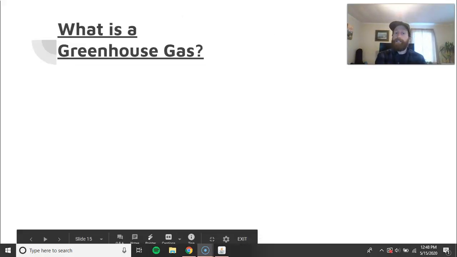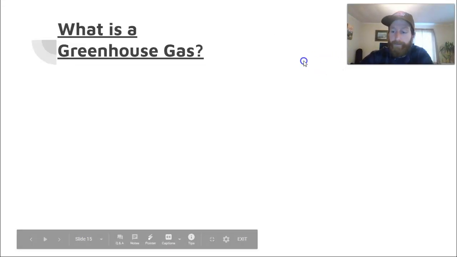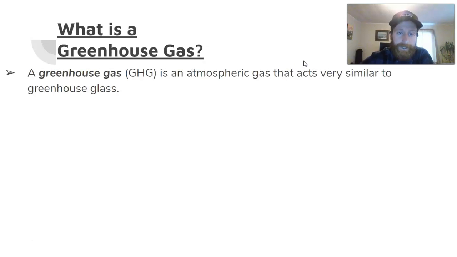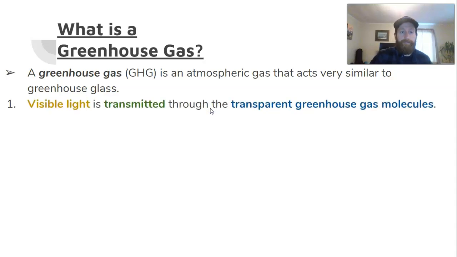So that brings us to what is a greenhouse gas. A greenhouse gas, sometimes abbreviated GHG, is an atmospheric gas, it's in the atmosphere, that acts very similar to greenhouse glass. Visible light is transmitted through transparent greenhouse gas molecules.